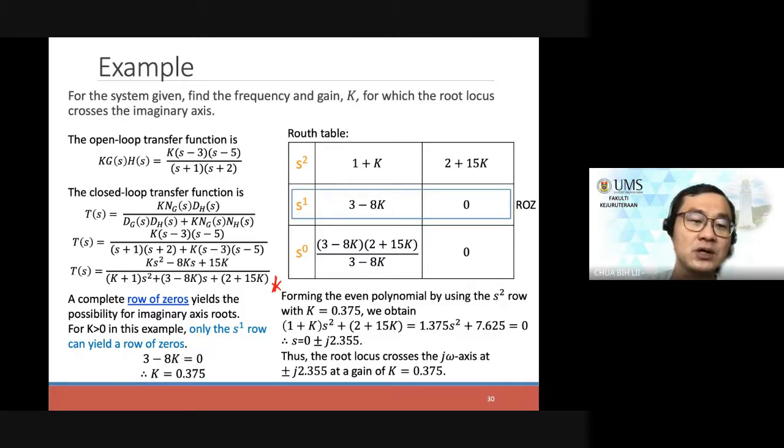So this one, when you group them up, s² is the highest, then s, and the constant, right? So we have k plus 1, 3 minus 8k, and 2 plus 15k. I hope no mistake over here. So from this itself, we can assume this is a row of 0.